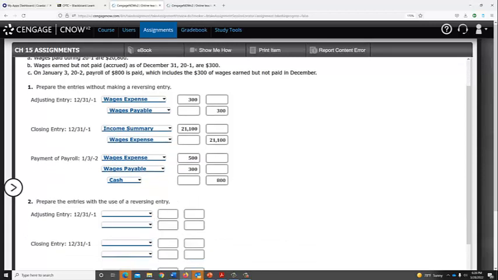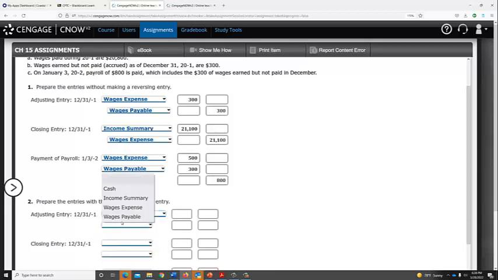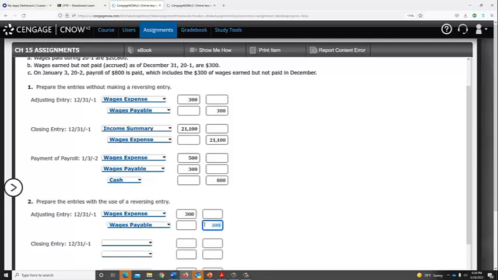Now, if we prepare these same entries using a reversing entry, it makes the payment of the payroll in the next year much easier. So the adjustment will be the same, the 300. And the closing entry will be the same.